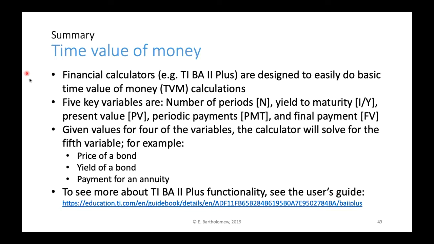Different calculators may have slightly different names for the keys, but these are the exact names for the TI BA II Plus. And then we saw that given basically 4 of the variables, assuming they're consistent, the calculator will solve for the 5th variable. So we could use that to calculate the price of the bond, the yield of a bond, the payment for an annuity.